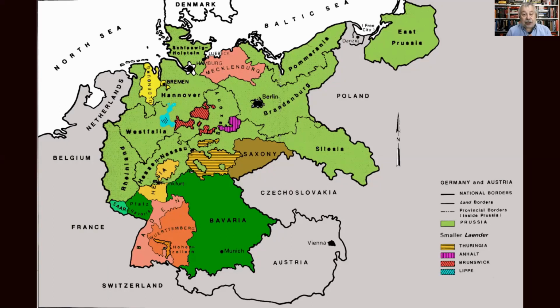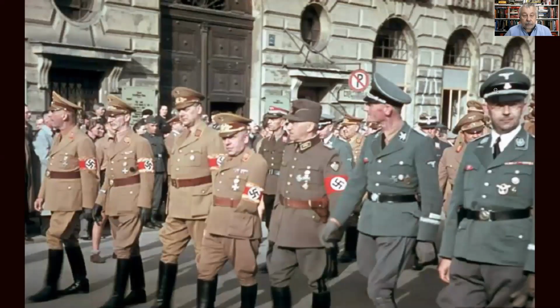And so eventually there will be 41 Gauleiters, or governors, with the 41st Gauleiter representing Germans who are living abroad. They are the elite of the Nazi Party, the governors.